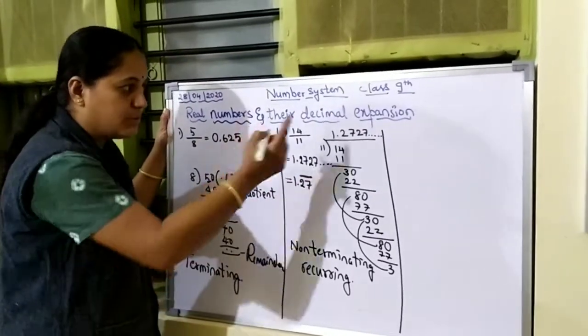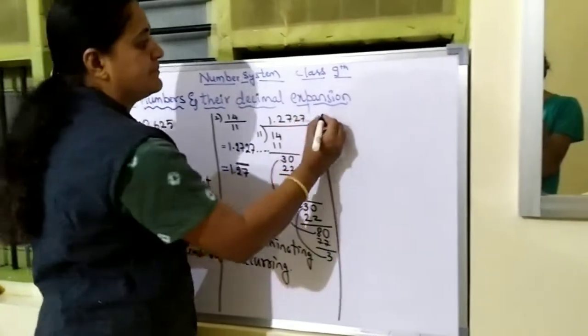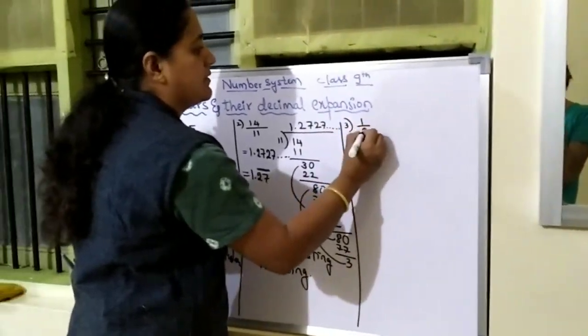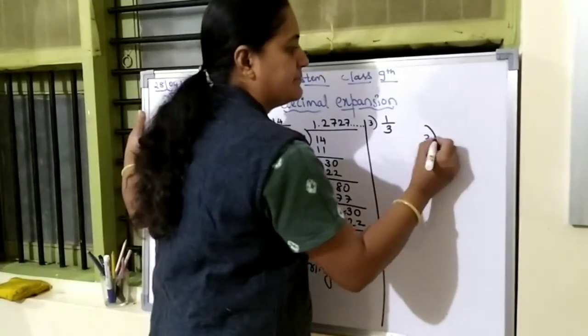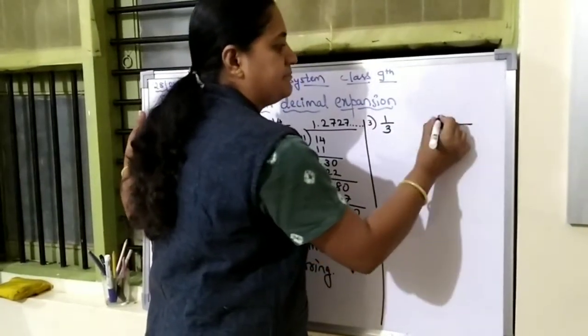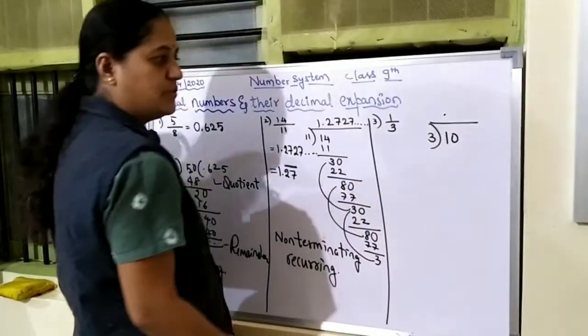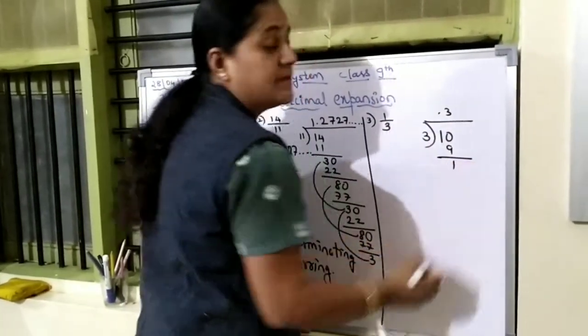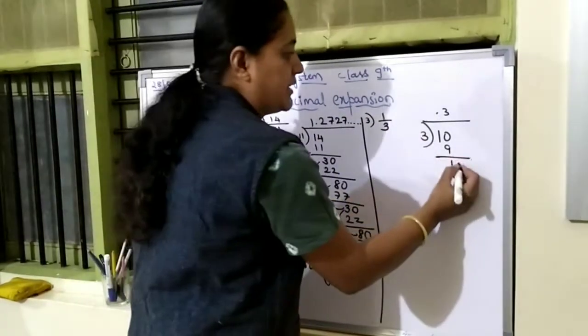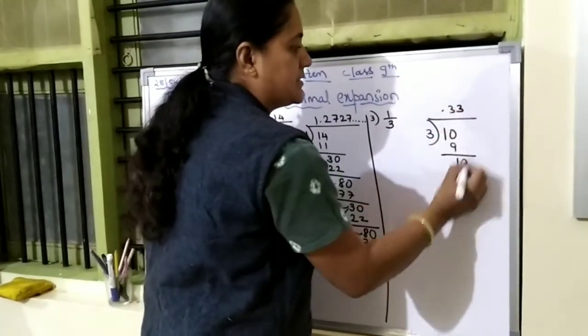So let me take one more example on this. 1 by 3. If I divide, as you know, 3 threes are 9. Again the remainder I got is 1, so again I can take 10. Again 3 threes are 9.